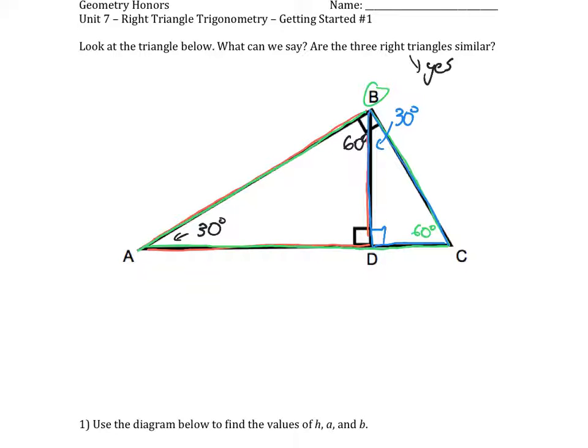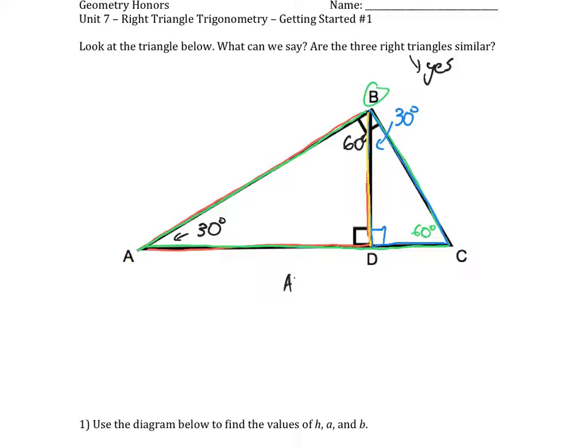So what's kind of the trick here is that if you draw an altitude from the right angle of a right triangle, it will actually form three similar right triangles. So for example, if we know these three are similar, then I know I can compare the ratios.